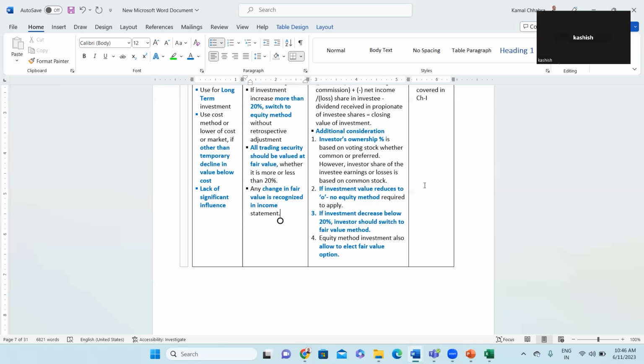So you need to switch from the equity method to the fair value method or cost method, as the case may be. Make sense?